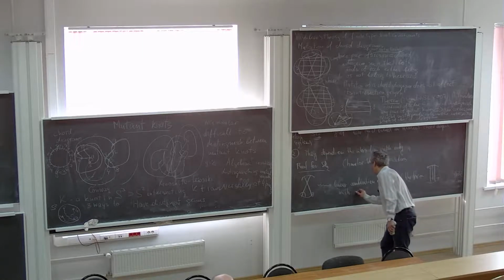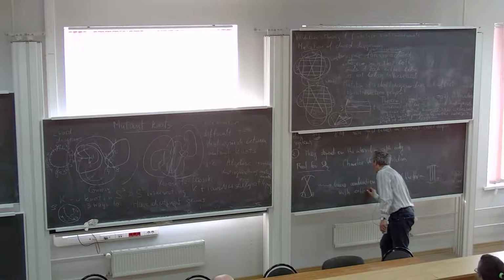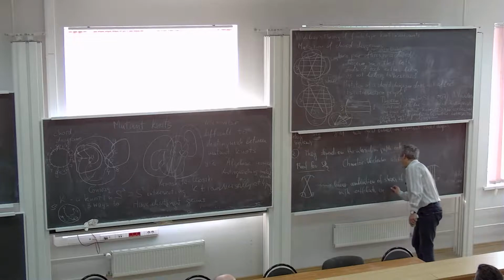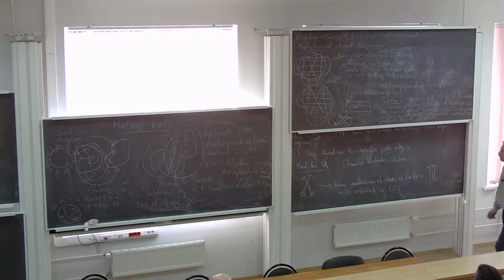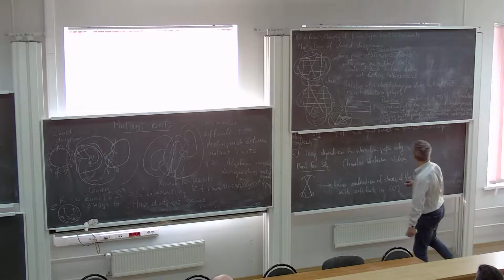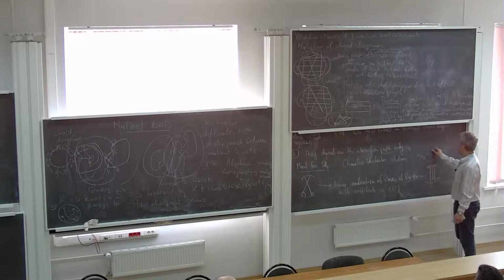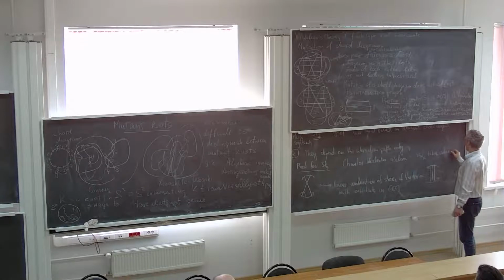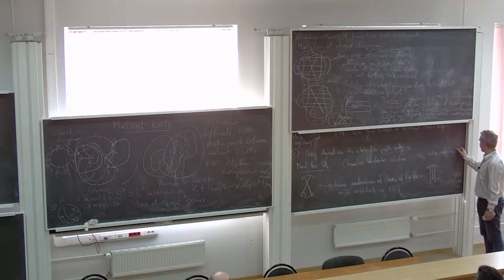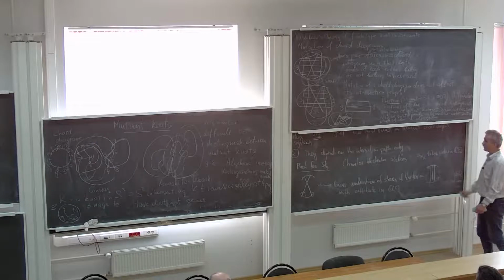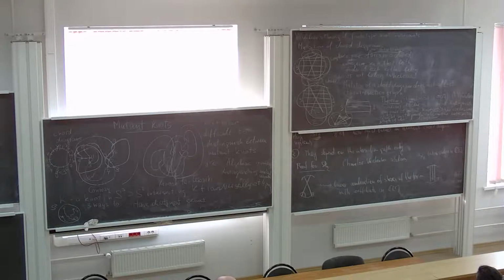These coefficients are polynomials in the variable C. So the SL2 weight system takes values in polynomials in one variable C, which is the Casimir of the corresponding SL2 Lie algebra.